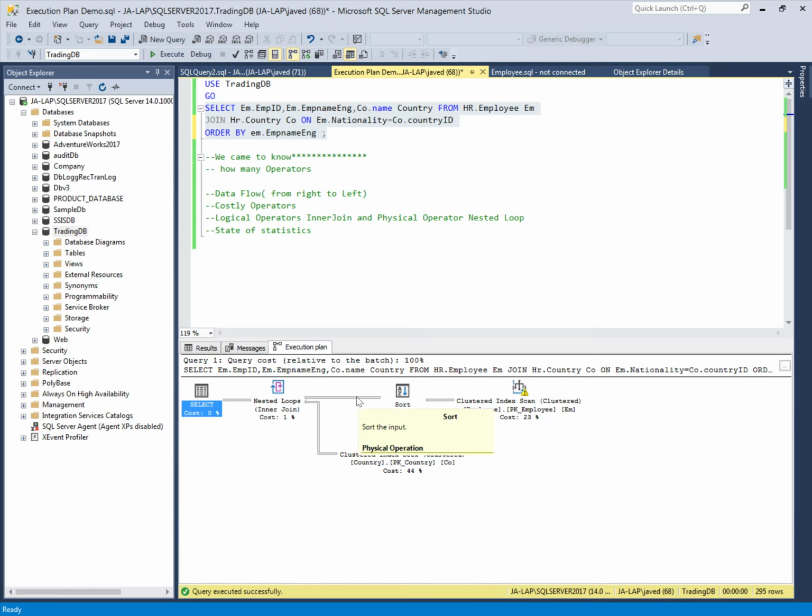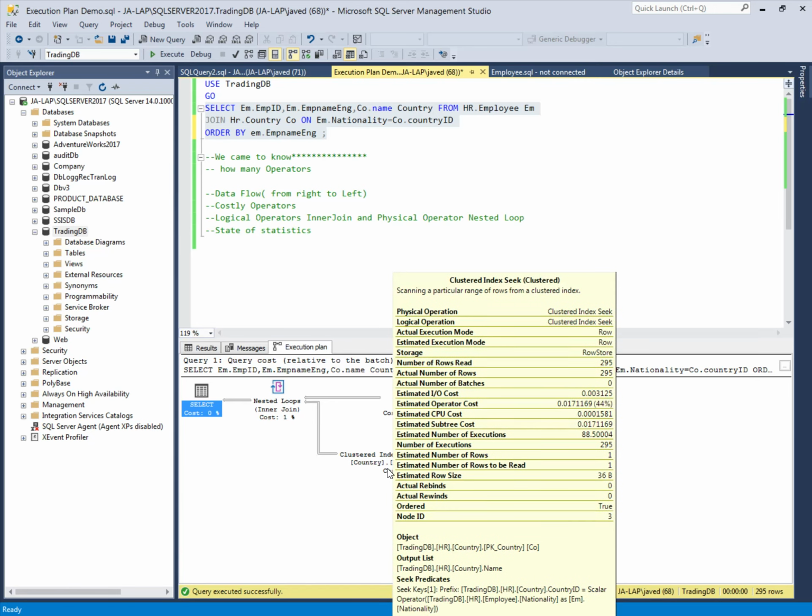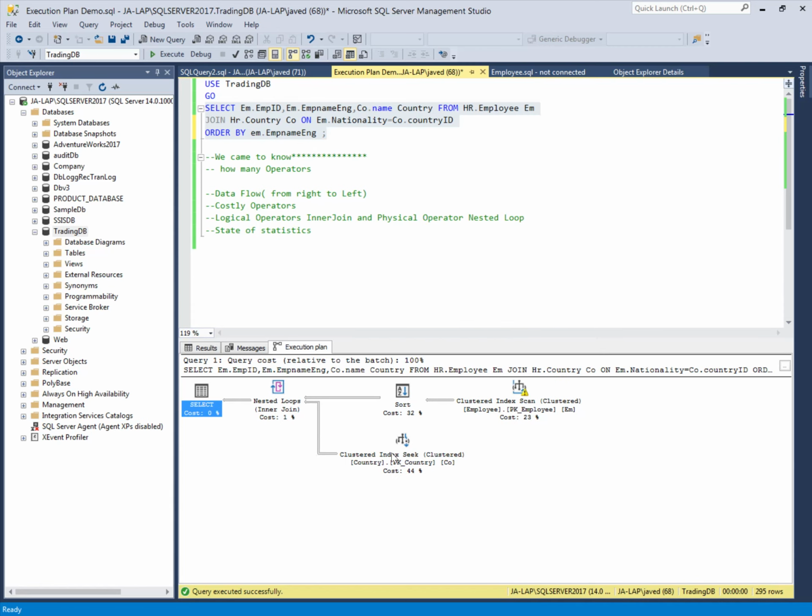After that, the data flows to the next operator, where another table is involved, and data is coming from the country table also. The rows from this operator and from this operator are going to the nested loops.